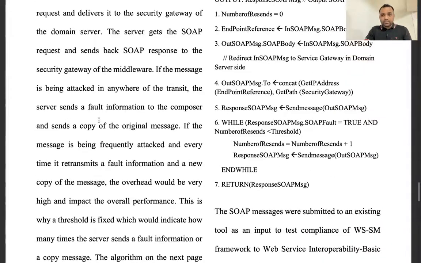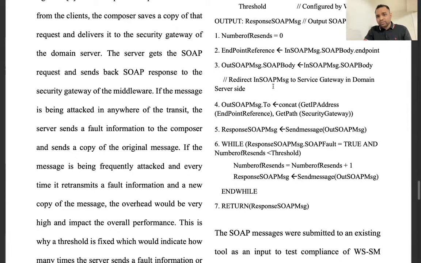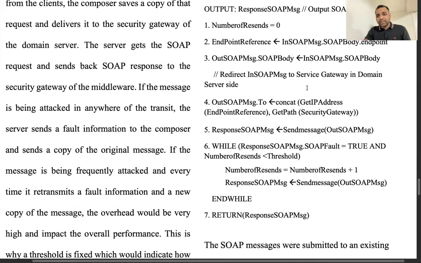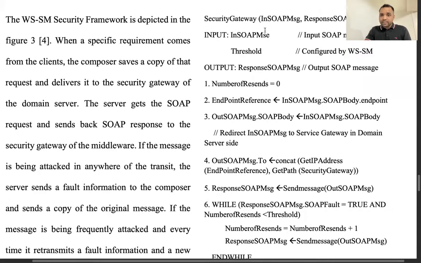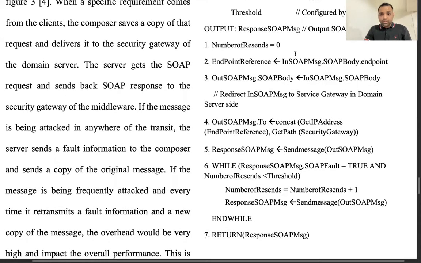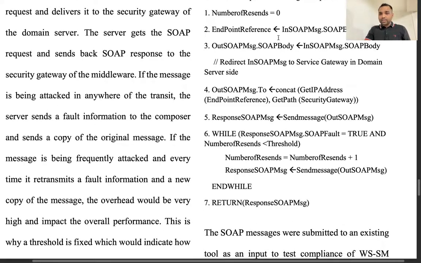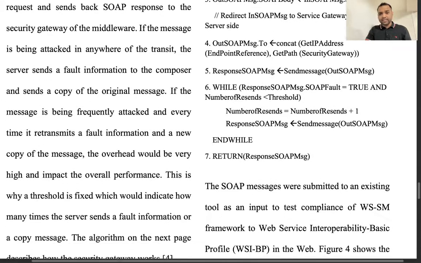So this is the basic security protocol of the WSSM framework. There is an algorithm for how this works. You can see that the input will be security gateway input SOAP messages and response SOAP messages, and the output is output SOAP messages. The number of resends is now 0. The endpoint reference denotes the security gateway that will receive the message.